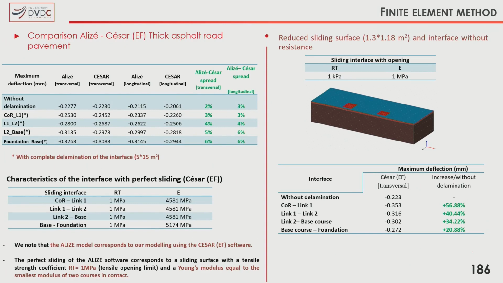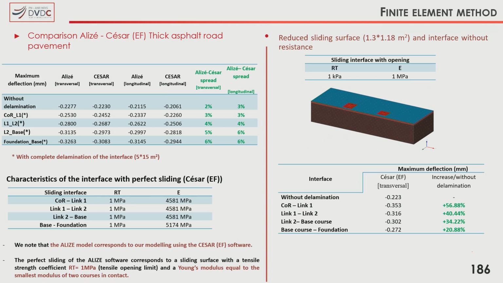The first stage meant that we compared the analytical calculation that we did with Alizé and the finite element calculation with César. So we looked at one delamination surface where we took the surface area off completely.